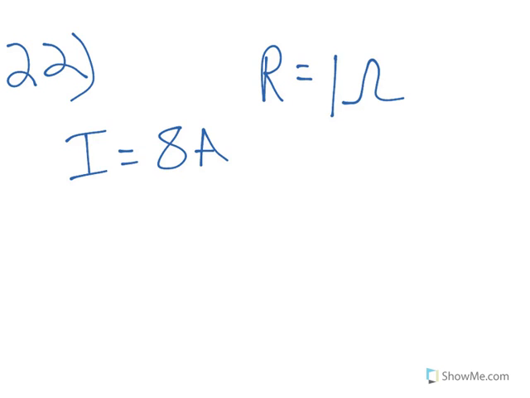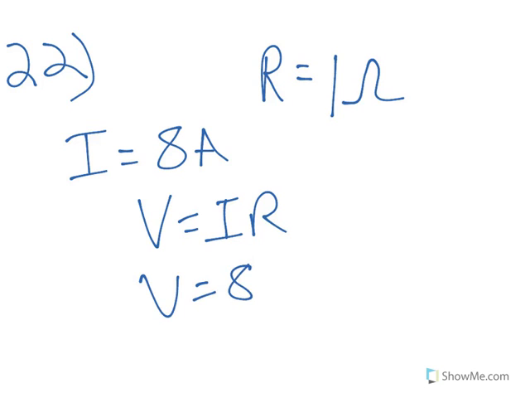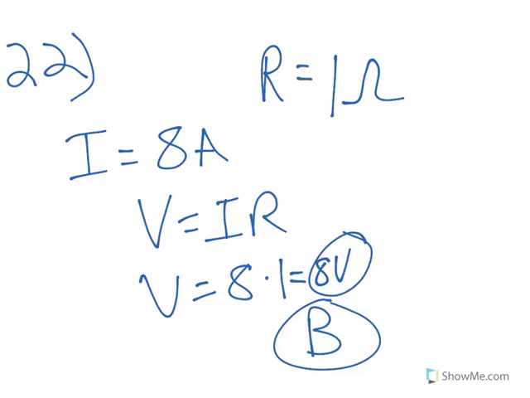So, to find the voltage drop across that first resistor, we would just do Ohm's law, but specifically for the first resistor. So the voltage would be equal to 8 times 1, or 8 volts. And that would give us an answer B.